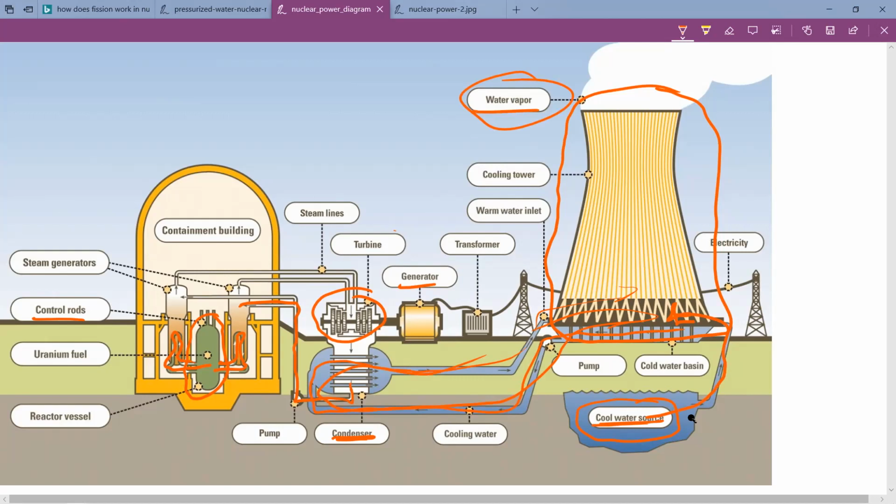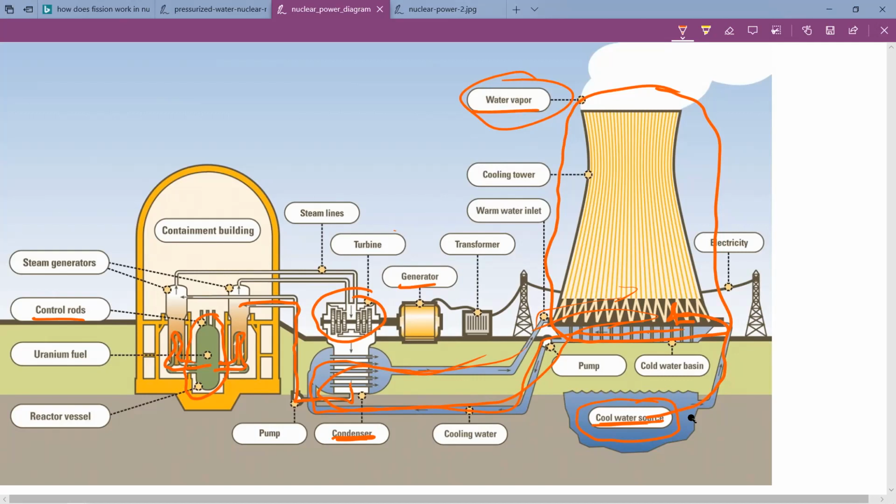So ironically, nuclear power plants don't actually use the energy from the uranium fuel directly. They heat water, which heats water, which turns a turbine.